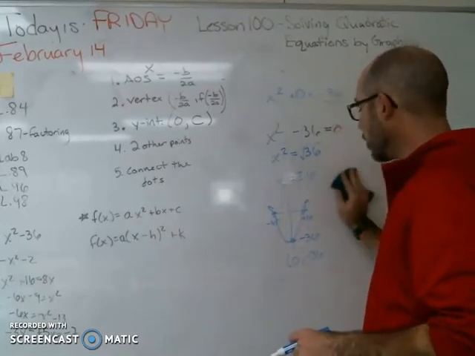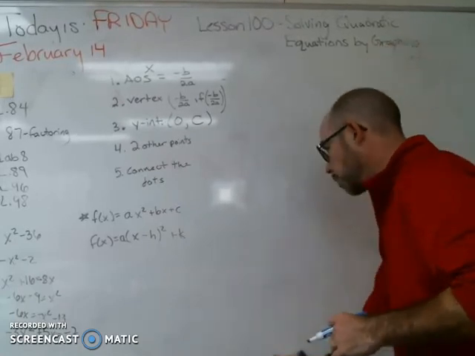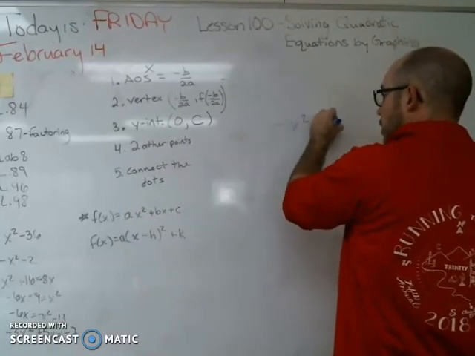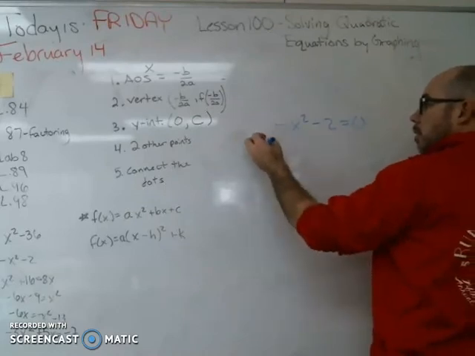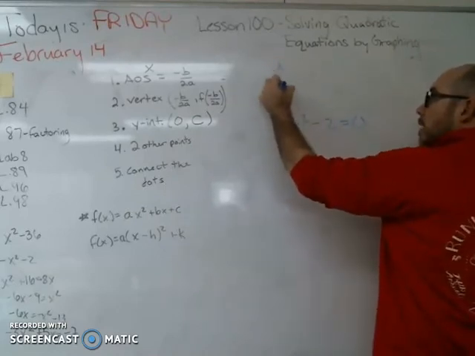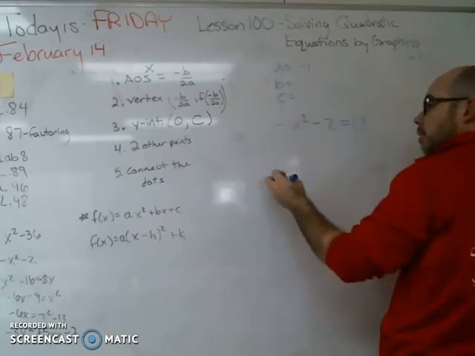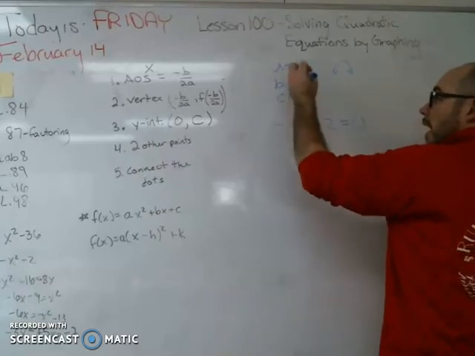Okay, another one that they put there as an example in the book would be f(x) = negative x squared minus 2. We'll plug in our f(x) equals 0. We can think of it in terms of a's, b's, and c's here in standard form. The a is negative 1, which means this thing opens down. B, it doesn't have a b part.